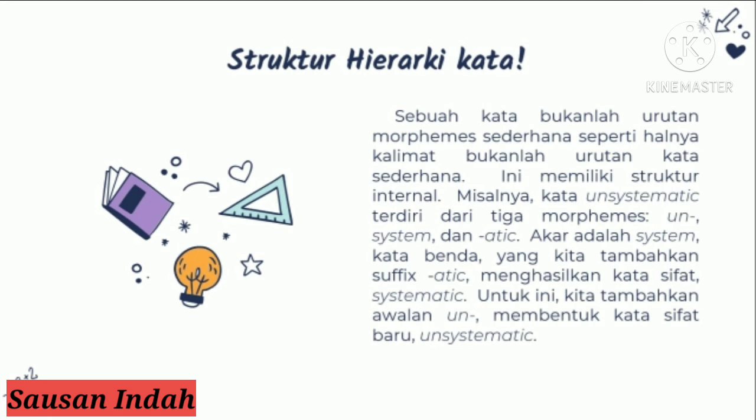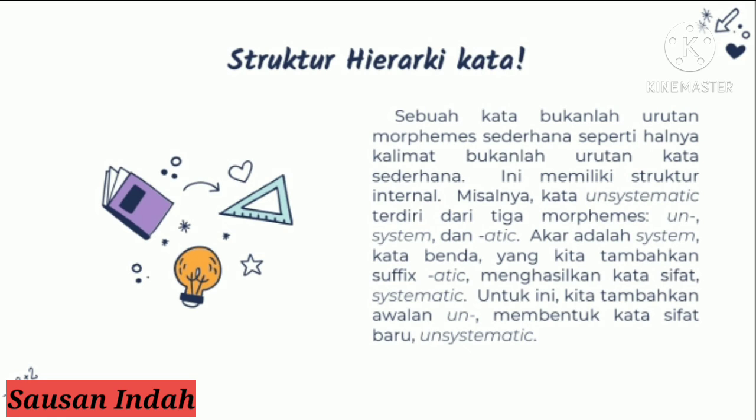Hierarchical structure of words. A word is not a simple sequence of morphemes, just as a sentence is not a simple sequence of words. It has an internal structure. For example, the word unsystematic consists of three morphemes: un, system, and atic.